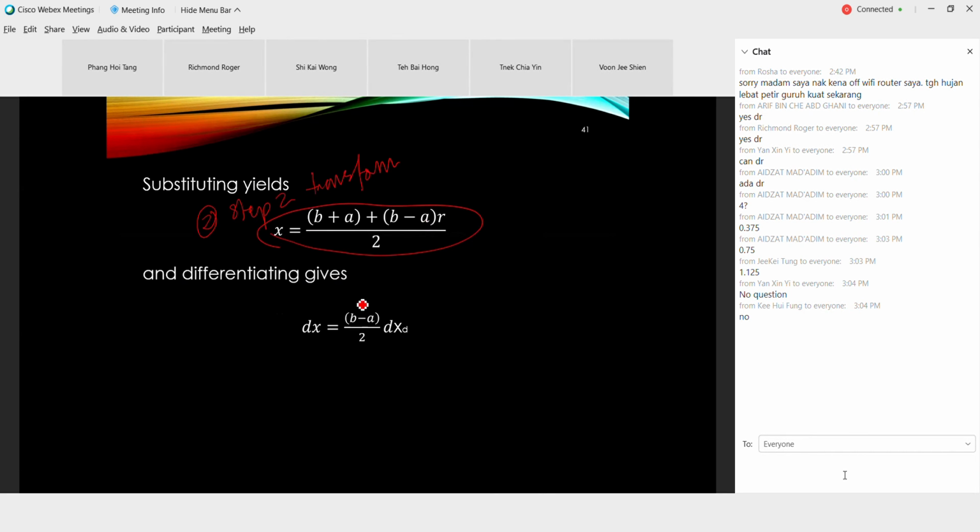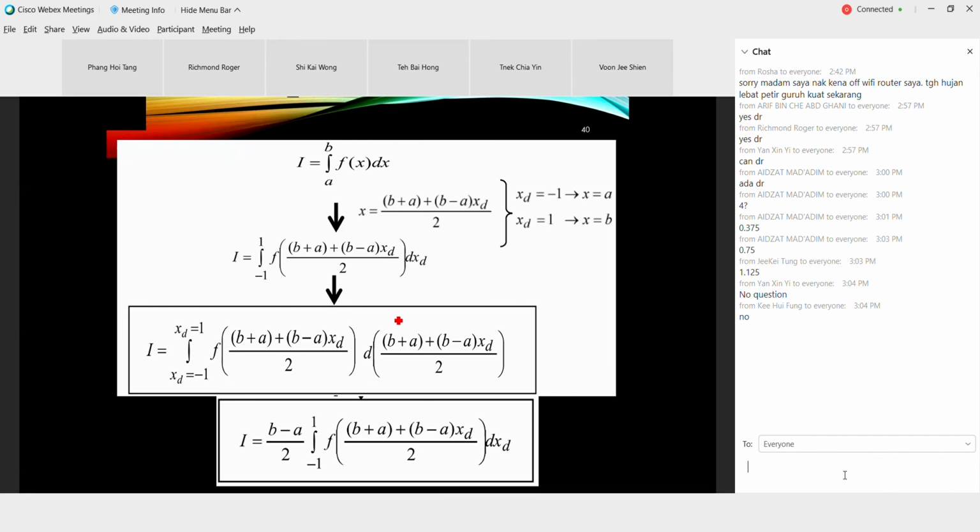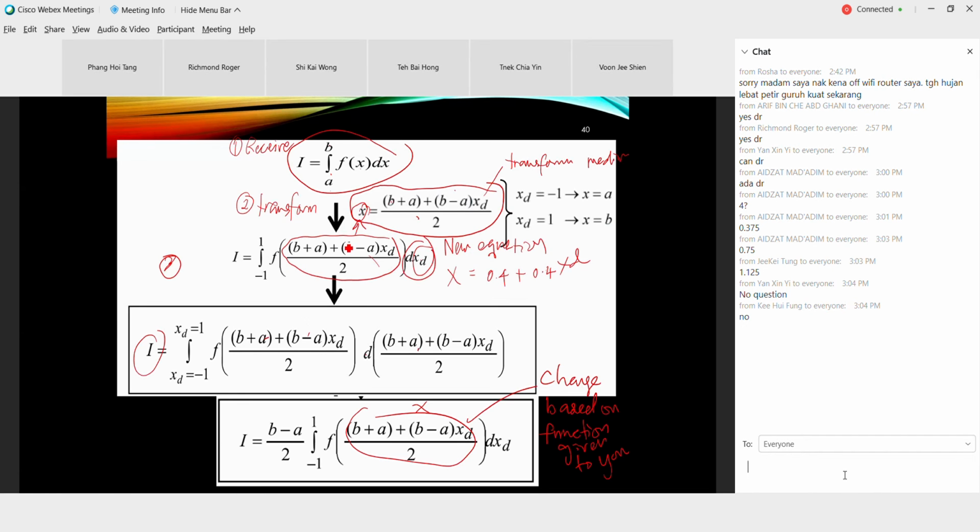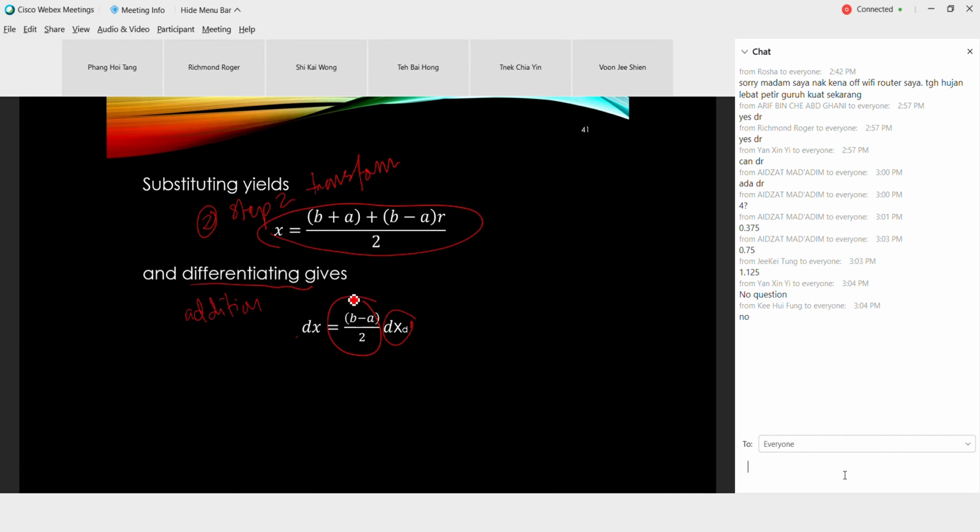Then differentiating gives an additional equation: dx equals (b minus a) over 2 times dxd. Which one is this? This term, you see, (b minus a) over 2.